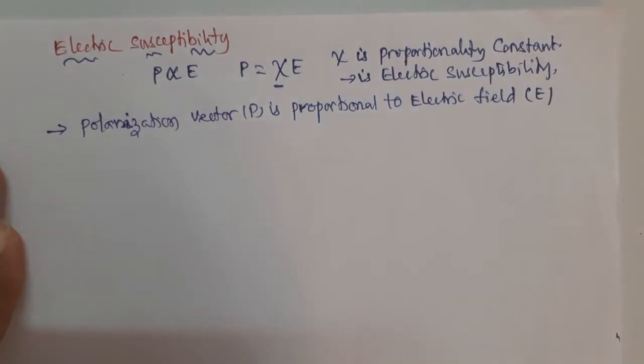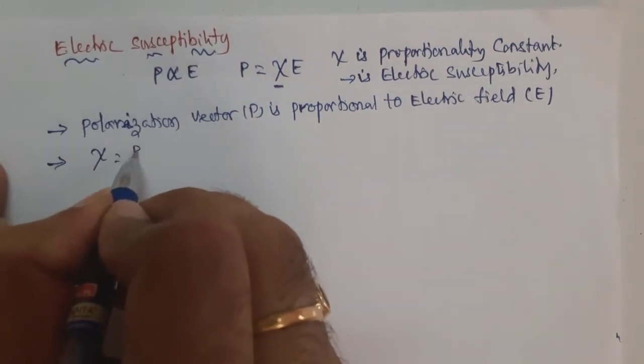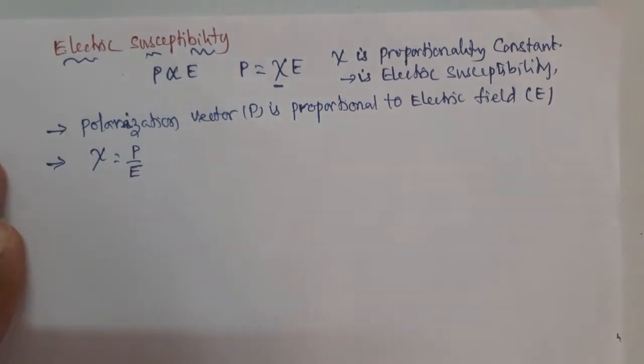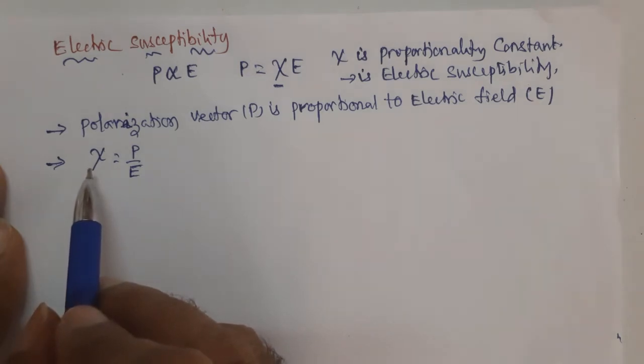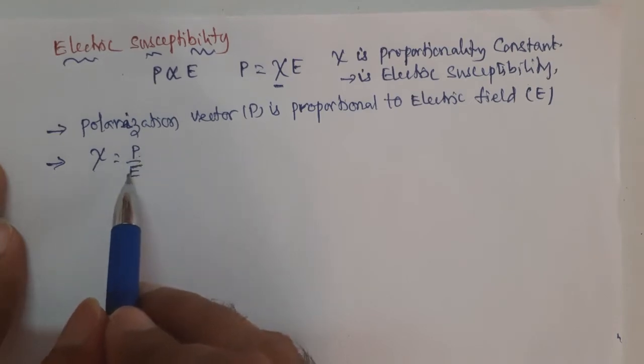This is one point, and from this you can write that Xi is equal to P by E. So the ratio of the polarization vector to the electric intensity in the dielectric is called the susceptibility. The electric susceptibility is defined as the ratio of polarization vector to the electric intensity in the dielectric.